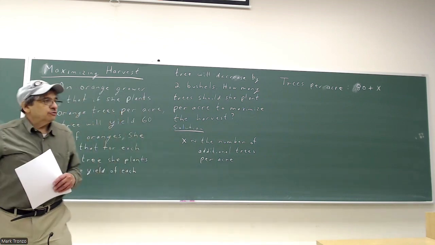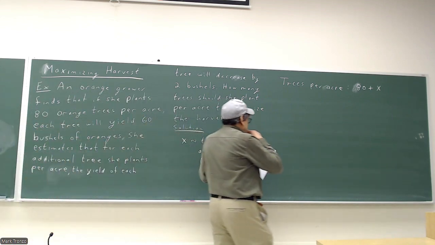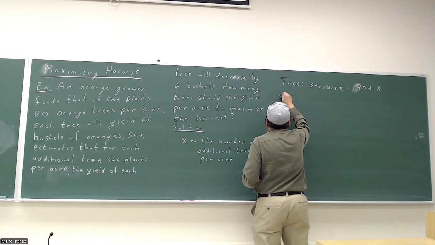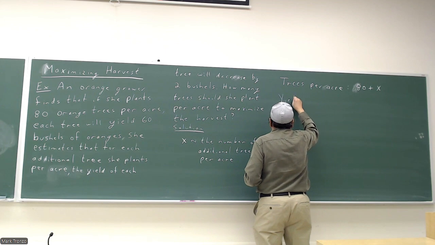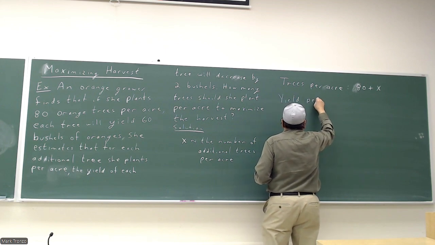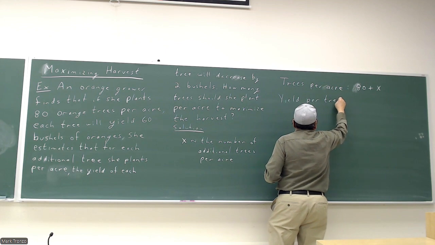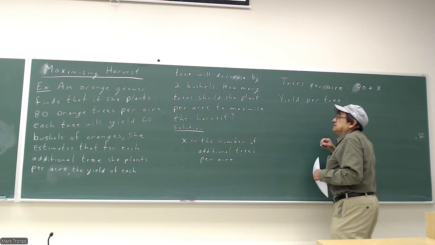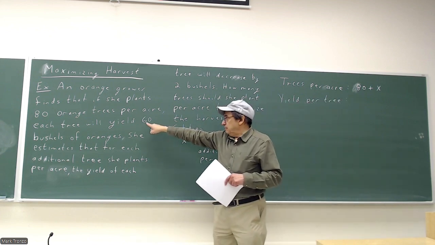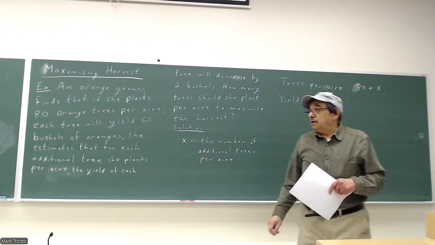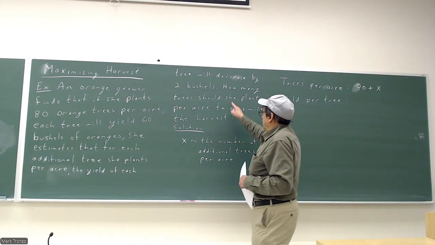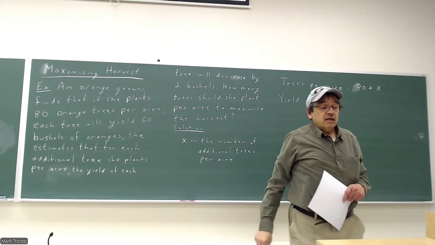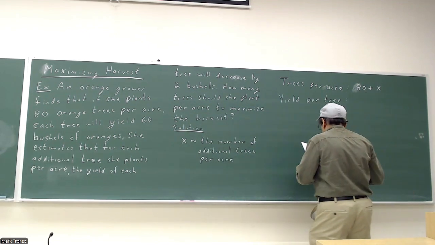Then we want to know the yield per tree. That's going to be our 60, minus 2 times every additional tree, because for every additional tree that we add, the harvest per tree is going to be 2 bushels less.